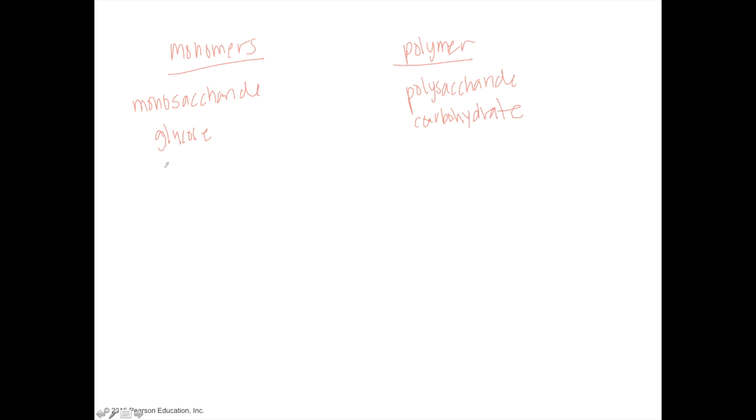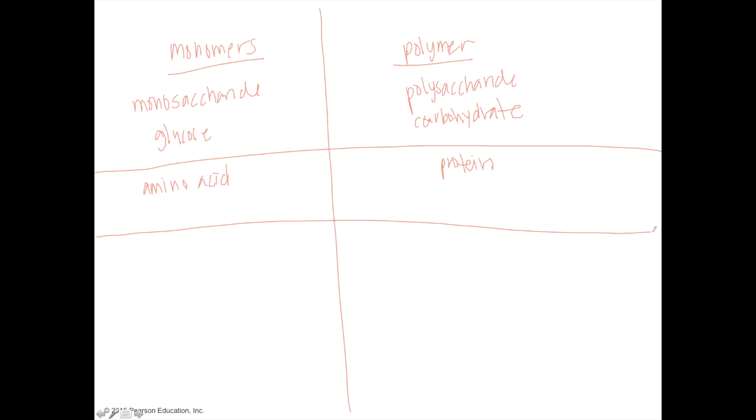You could say glucose, and your polymer could be starch. Just to give you an idea. When we're looking at amino acids, amino acid is a monomer. The polymer here is protein. Or you could say amino acid, or you could also call it a polypeptide.